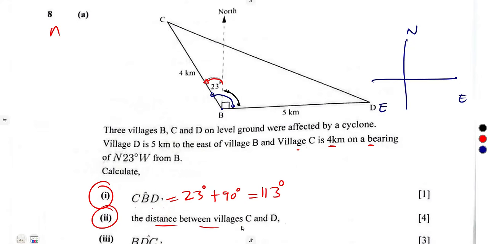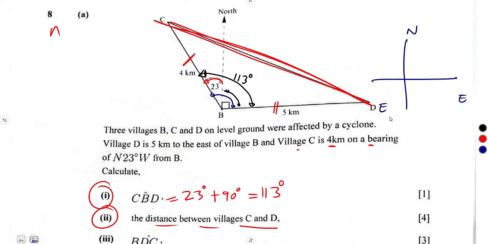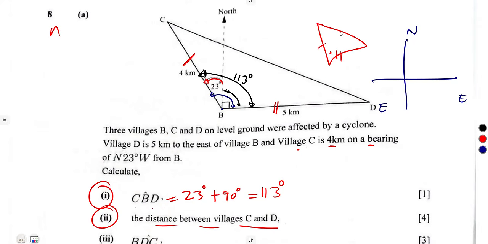Item 2, the distance between villages C and D. As we can see from the angle that we have calculated, this whole angle inside this triangle of 113 degrees is an included angle. There is a side here and there's another side here. So that's an included angle, and you want to find this side CD. So you're simply going to use the cosine rule. Where there is an included angle and you want to find the third side, that's the cosine rule.